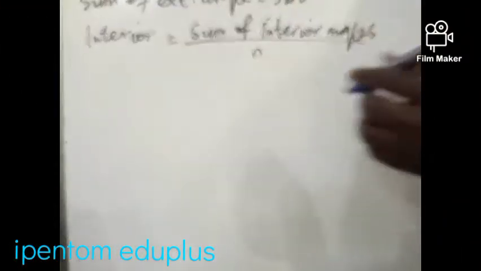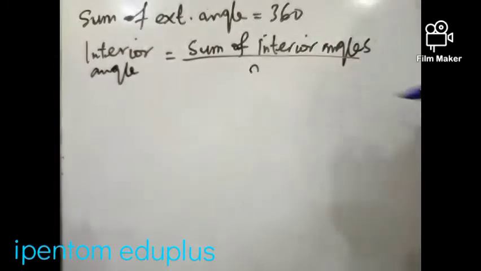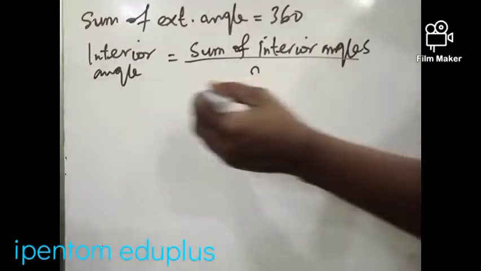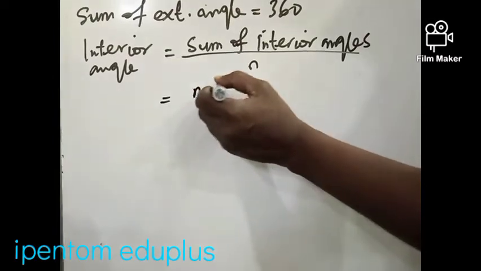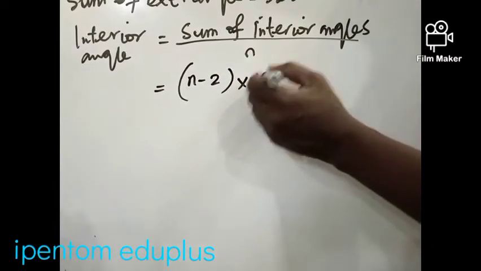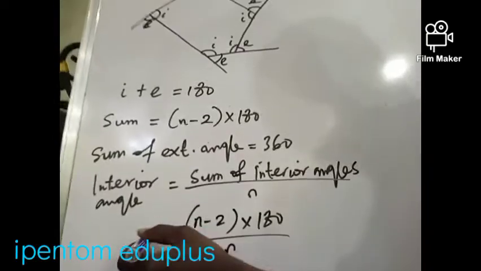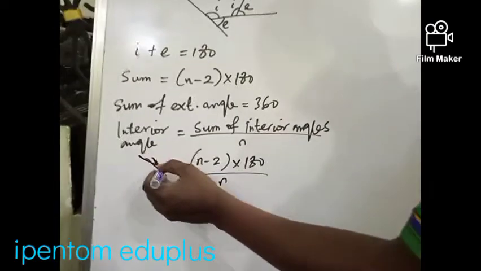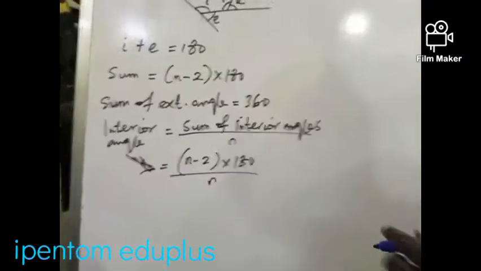If the interior angle is equal to the sum of the interior angles over n, that means n minus 2 times 180, which is the sum of the interior angle, over n will give us the interior angle. Okay? So this will give us the interior angle. That's the formula for calculating the interior angle.